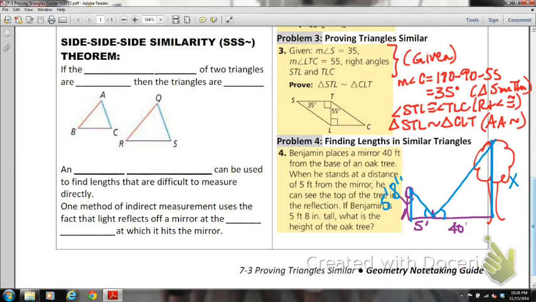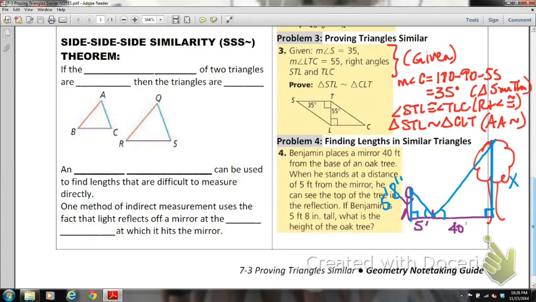Now the angle over by Benjamin at the ground is a right angle, and the angle over by the tree and the ground is a right angle. So we have similar triangles by the angle-angle similarity postulate. And we can use this to set up a proportion to solve for the height of the tree.